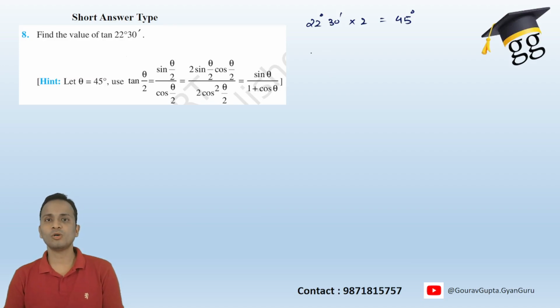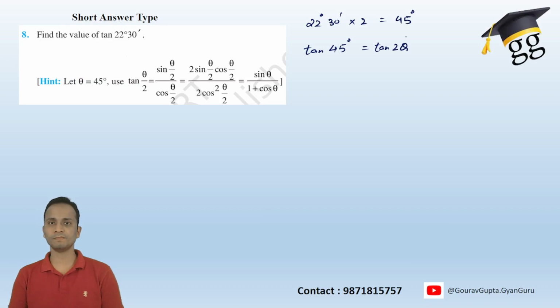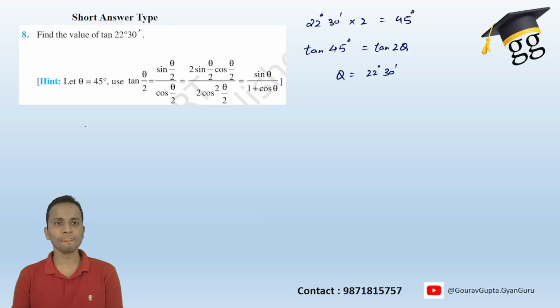So I'll start with tan 45 degrees and we'll use the formula of tan 2 theta. So tan 45 is equal to tan 2 theta, where theta will be equal to 22 degrees 30 minutes, which is half of 45 degrees, right?